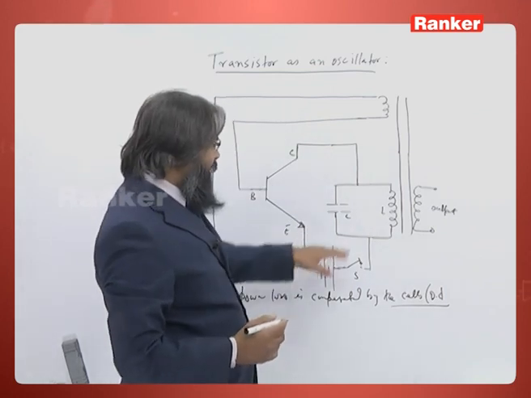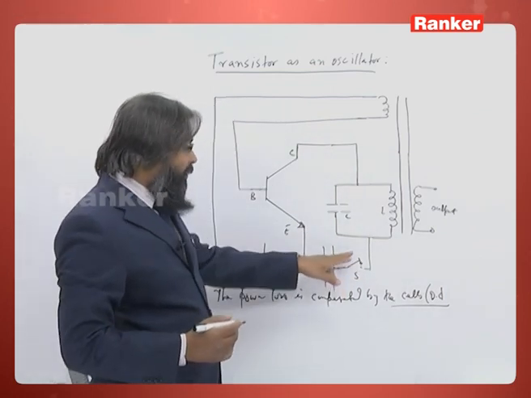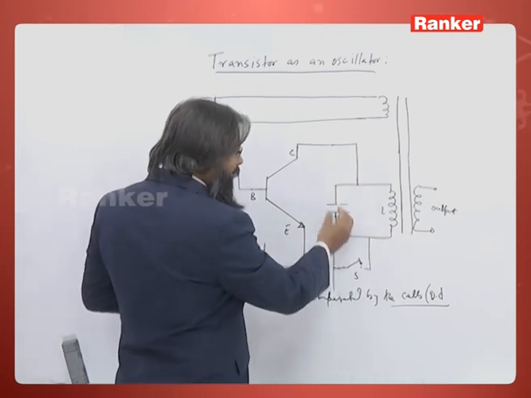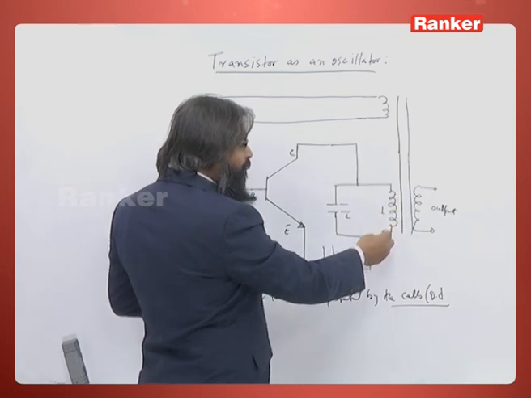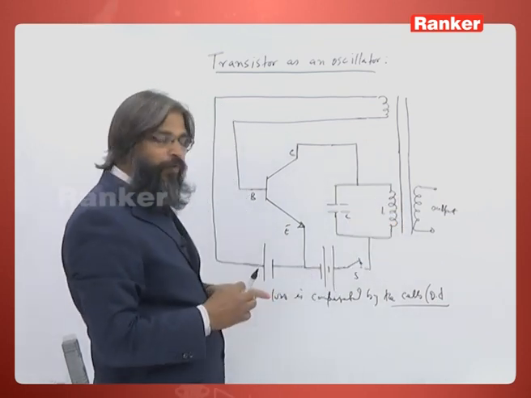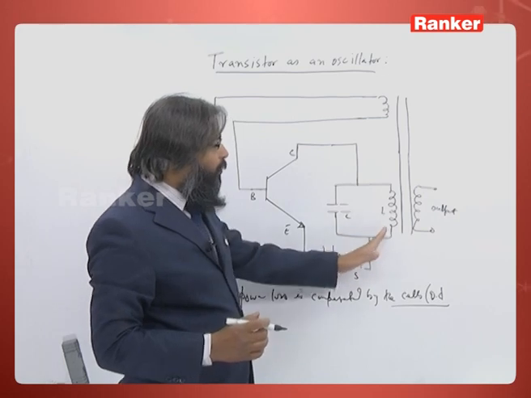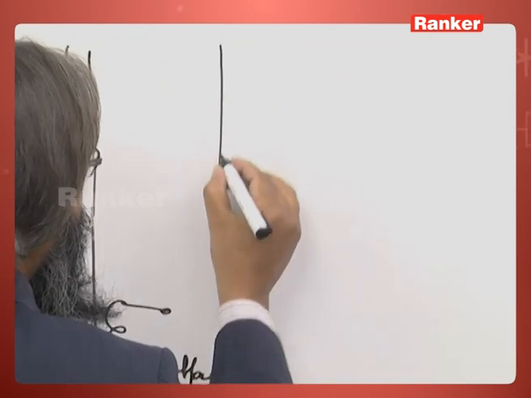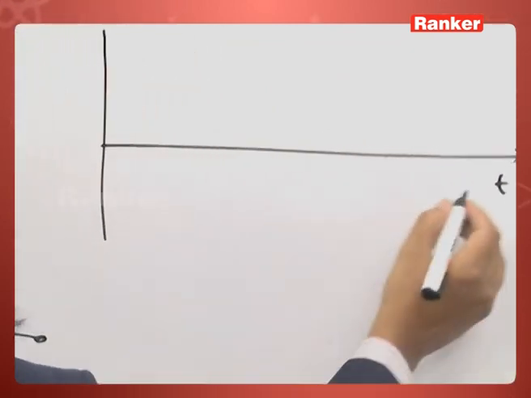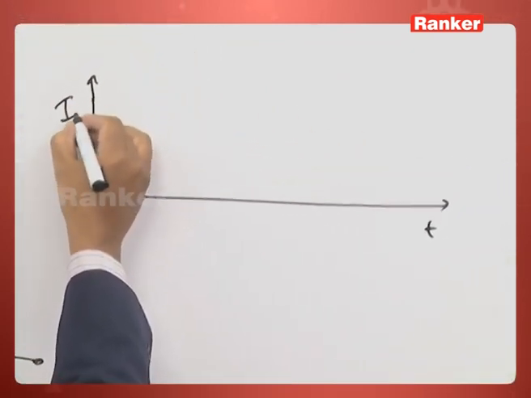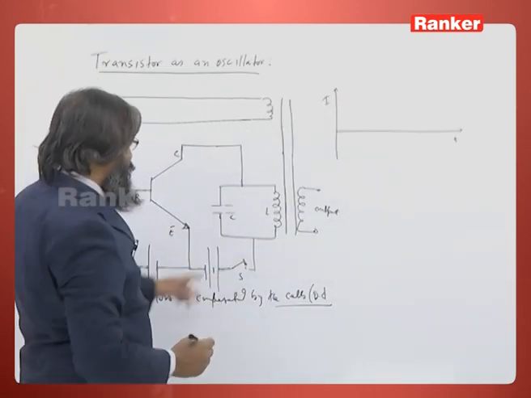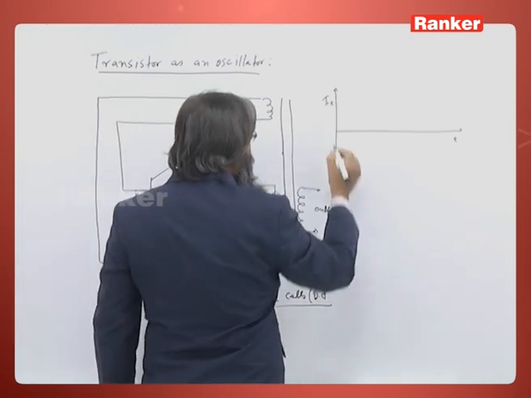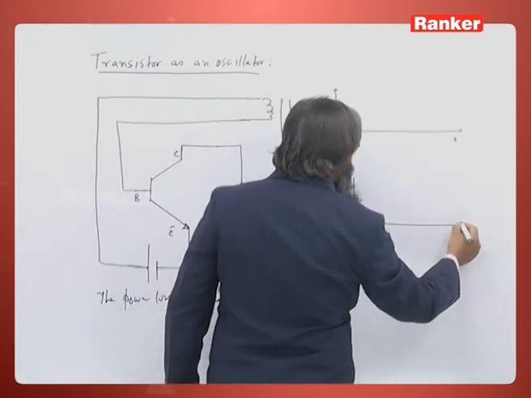Now let us see the working. When you switch on the key, what happens? The current and voltage begin, and this inductor provides inertia to the flow of current. Previously there was no current, so current increases slowly. Suppose I plot current against time, this is IC, and let us plot IB.